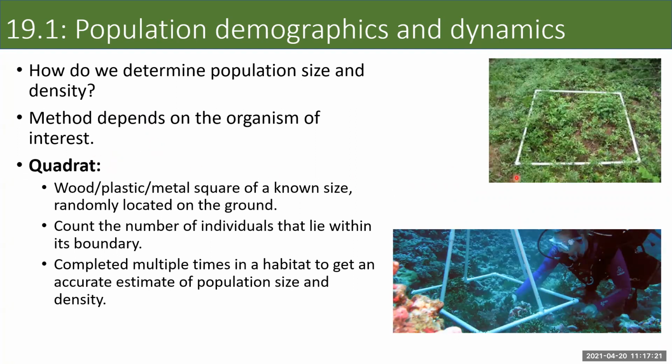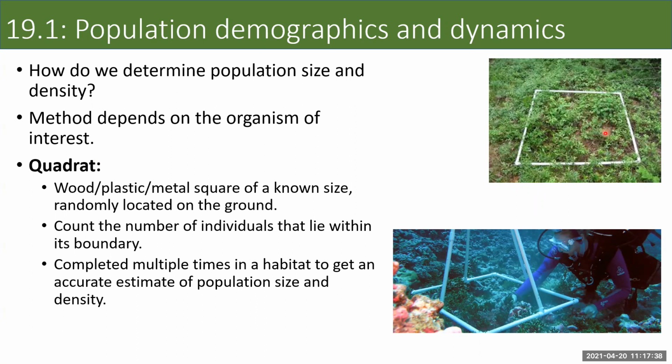And so we have two quadrats pictured here. Generally, these quadrats are 1 meter by 1 meter square. And so that gives you a square meter of area inside, right?